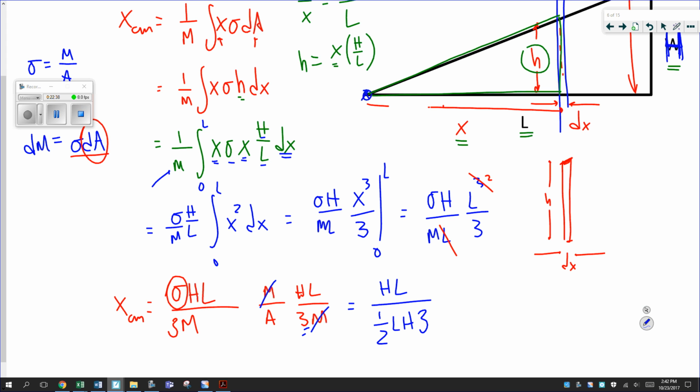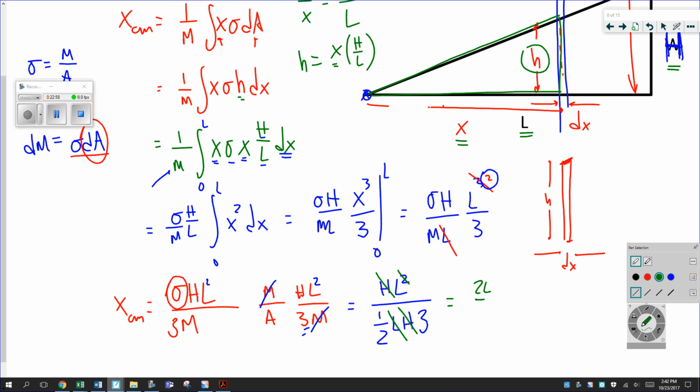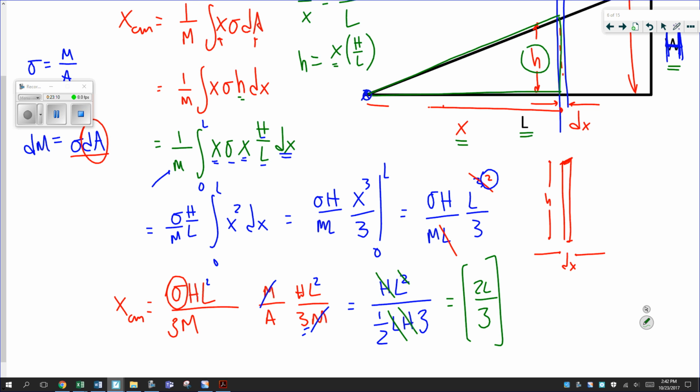Sorry, I dropped this squared. So look, now we get an L goes with an L, and an H goes with an H, and we get L over 3/2. Well, that's the same as 2L over 3. How about that? The center of mass of this triangle is 2/3 the way along the edge from the point.